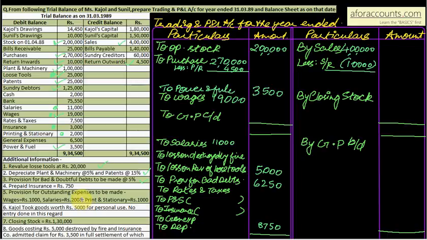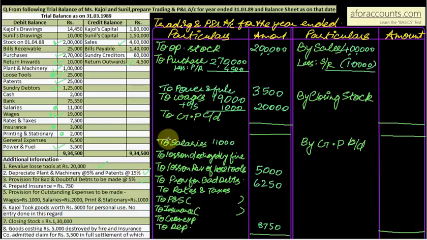So add outstanding salaries. How much is your outstanding? Salaries 2,000 and outstanding wages 1,000. So add outstanding wages 1,000 and 20,000 will come in the outer column. Okay, wages done.